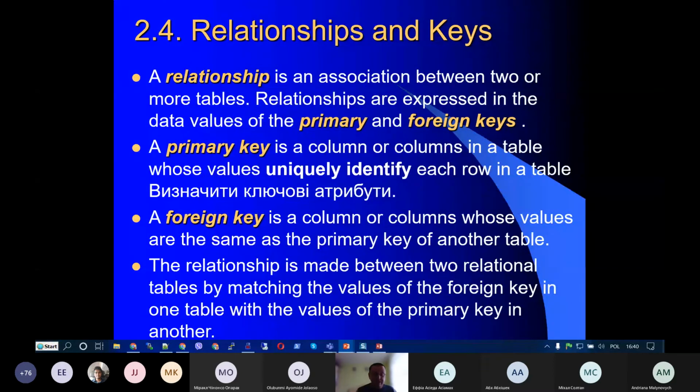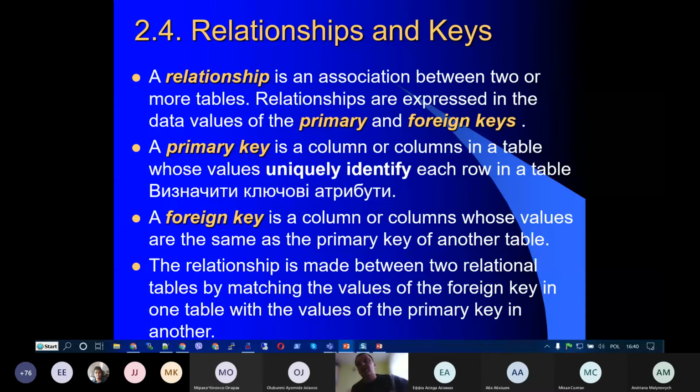First of all, it's necessary to introduce special attributes for each object, special columns for each table, which will act as key fields. At least two key fields are available: primary and foreign key. The primary key is a column or columns in a table whose value uniquely identifies each row.